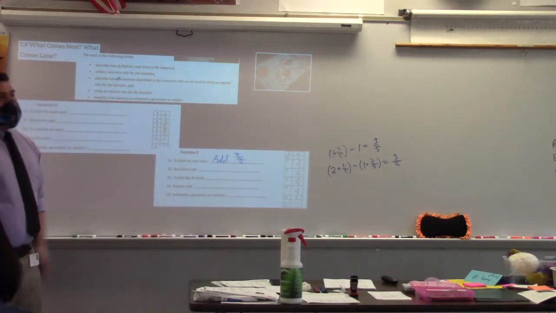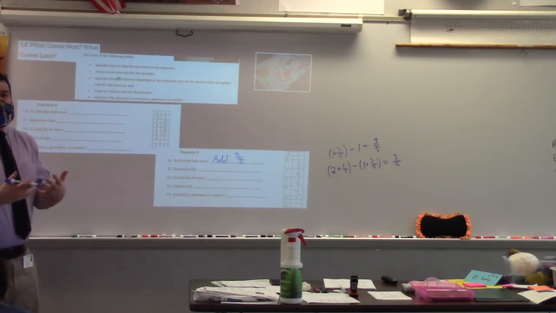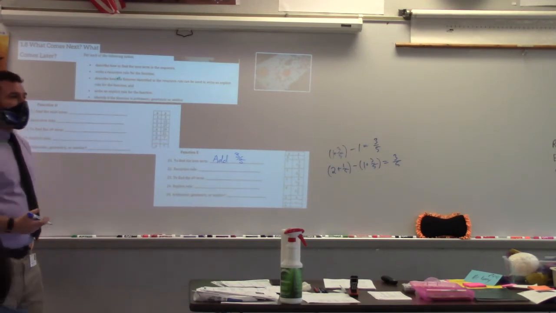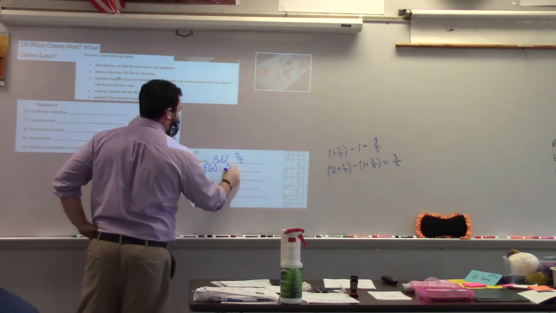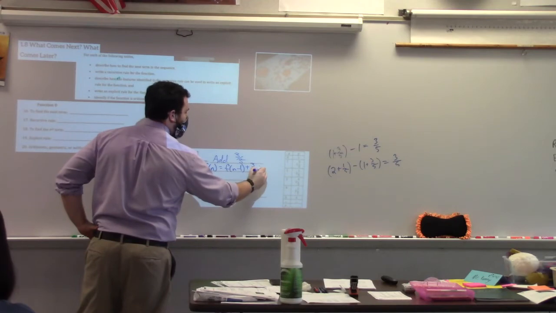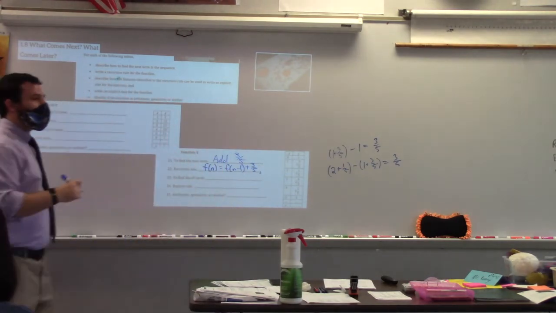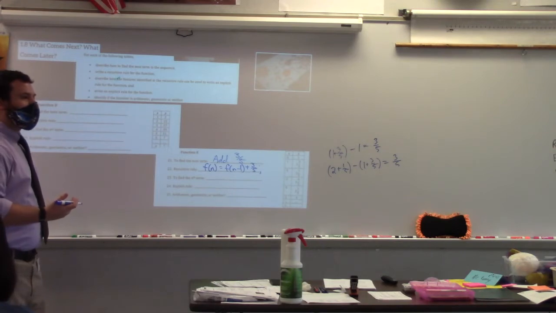So what would be the recursive rule that's driving everything here? First off, how does every recursive start? F of n. But Jamari, is that enough to define this recursive function? What do I still need? You've got to have a starting point.